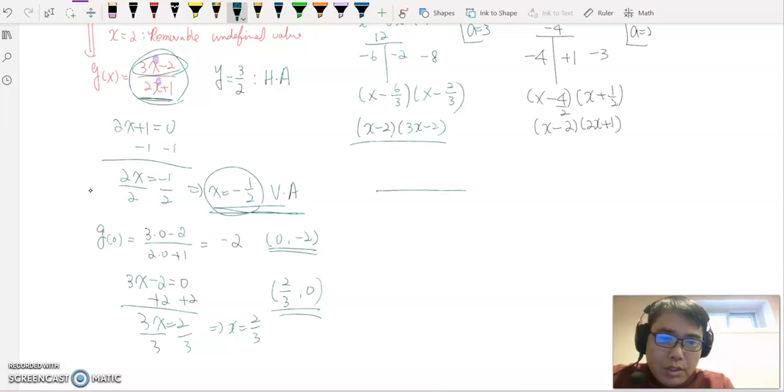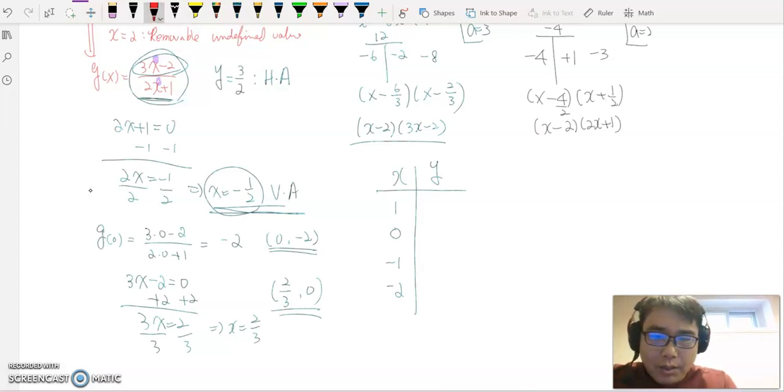Okay, through a t-chart. On the right side maybe 0 and 1, I guess that may be enough. The left side negative 1, negative 2. It is all centered on x equals negative 1 over 2. So I found two values on the right side and two values on the left side.